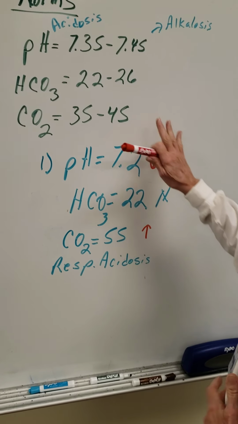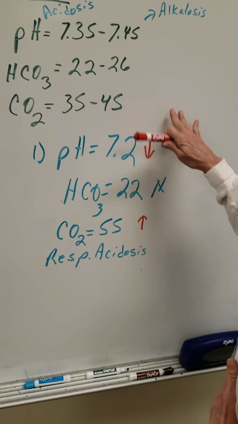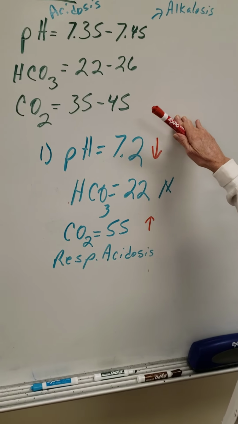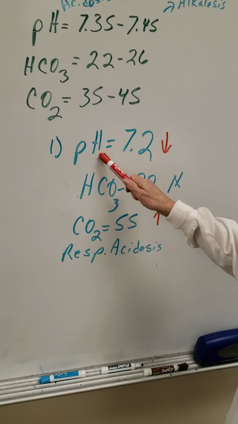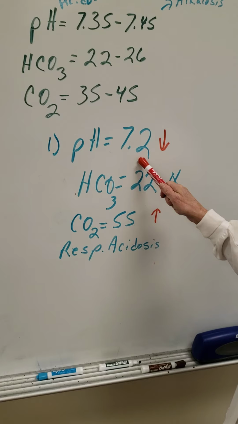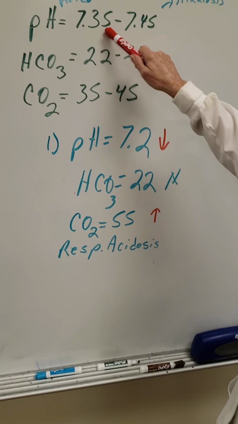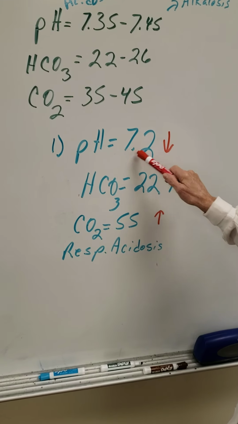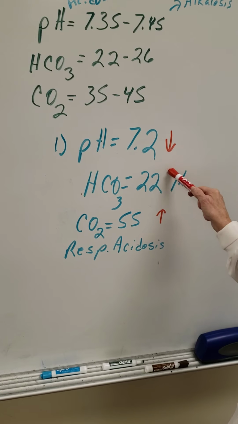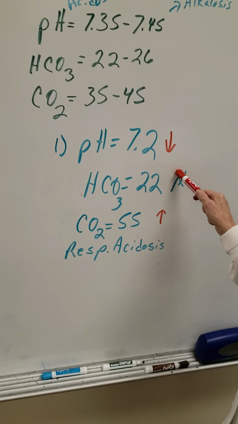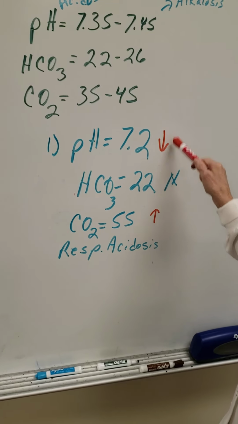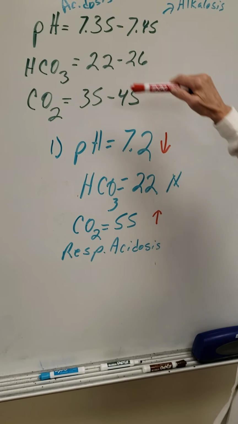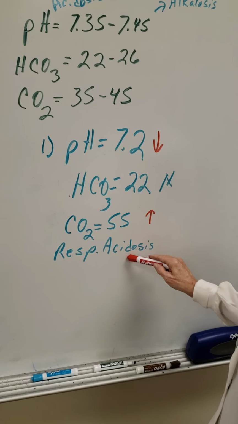First, this is the report that came back from the lab, from respiratory therapy. The pH is 7.2. If you look at your normal values, this pH is low, the arrow goes down. And draw your arrows. I still to this day draw my arrows. So if it's below 7.35, the patient is in acidosis.